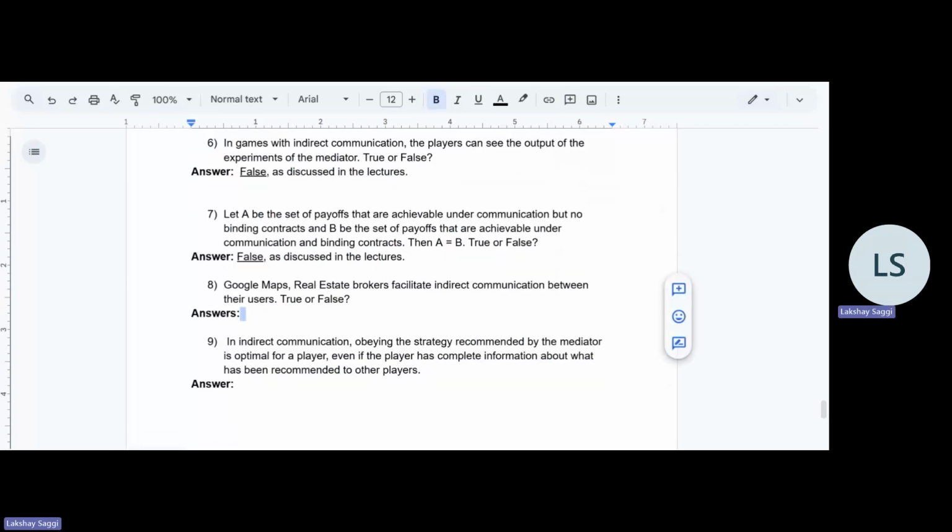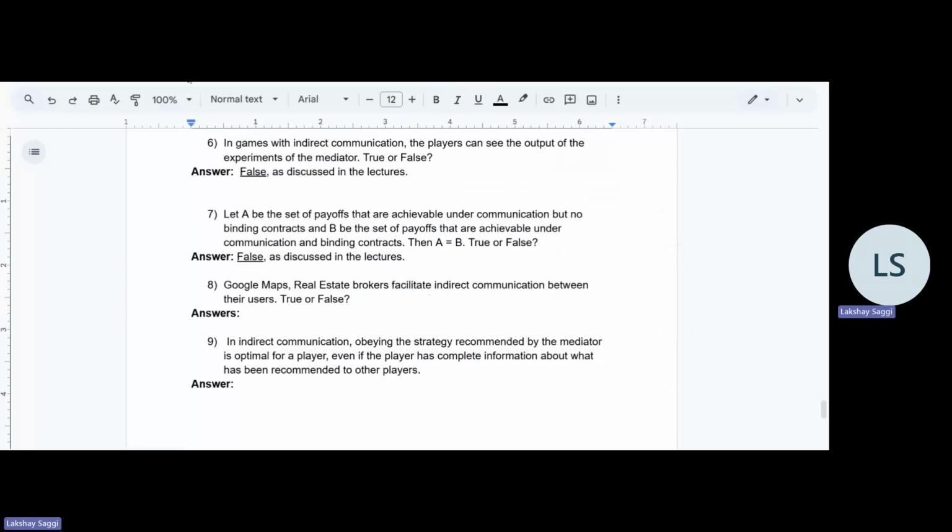Then just a bunch more theory questions. I gave the example of Google Maps or real estate brokers; these examples were given in the lectures also. Google Maps or real estate brokers facilitate indirect communication between their users. Is this true or false?